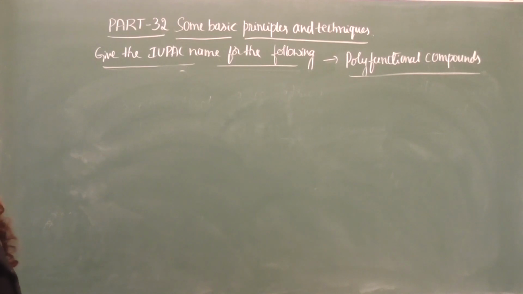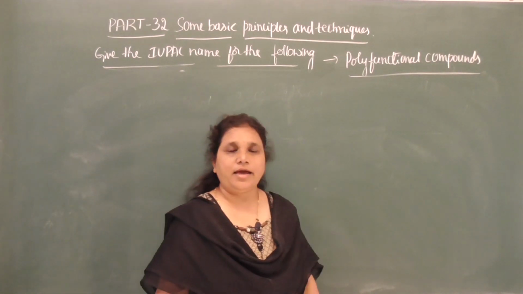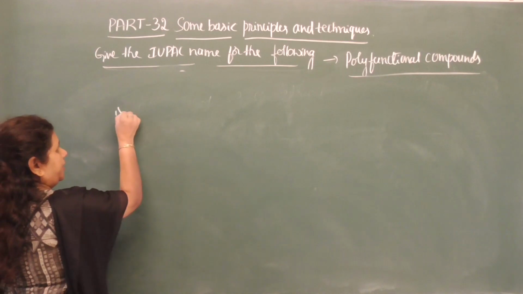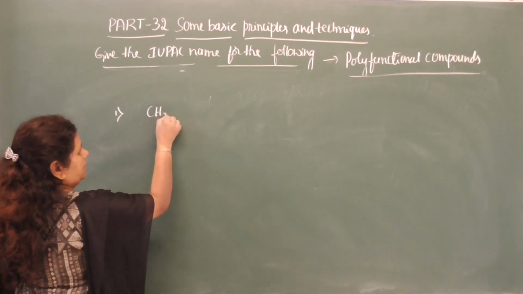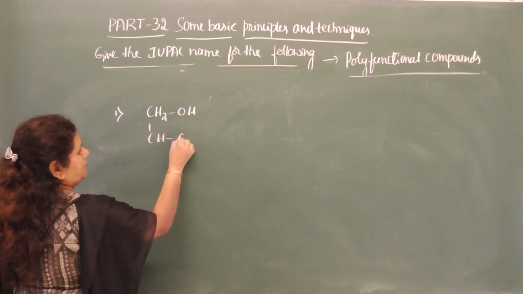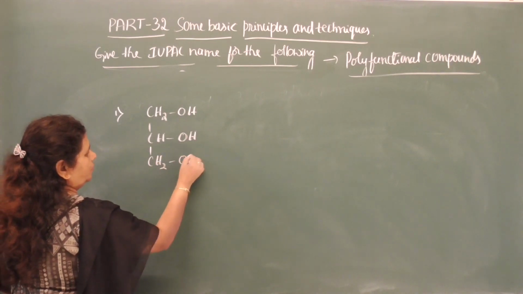So let us move on to naming of polyfunctional compounds. Now, let us consider the compounds containing like functional groups. Write down the first one: CH2OH, CHOH, CH2OH.